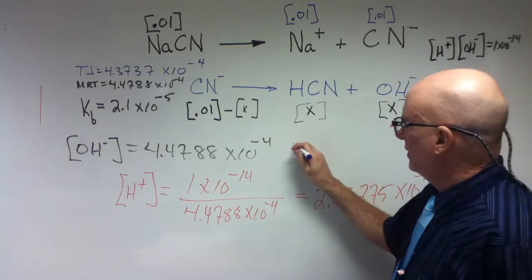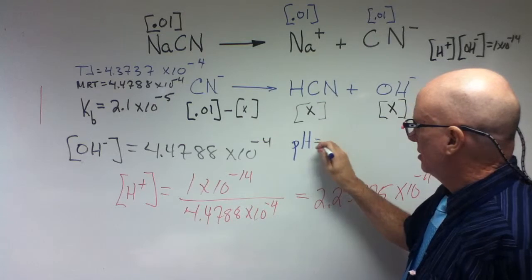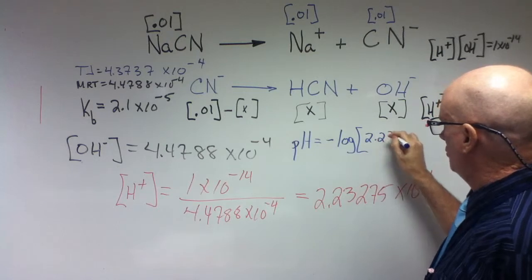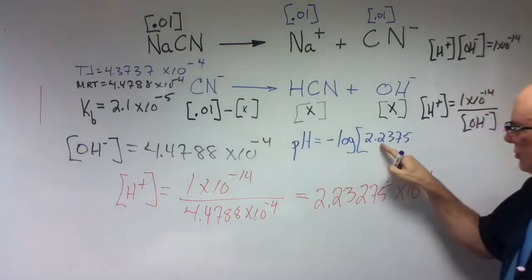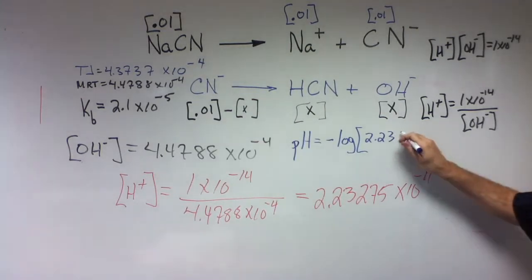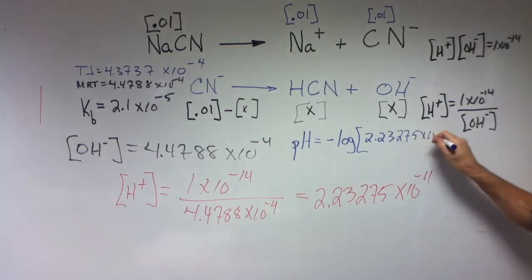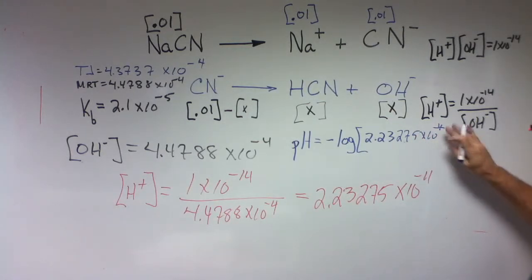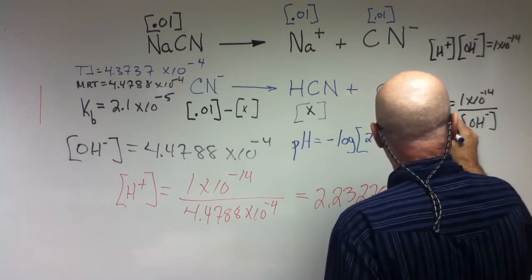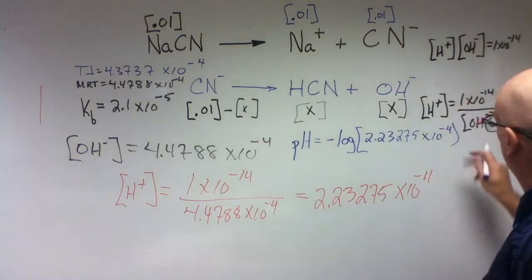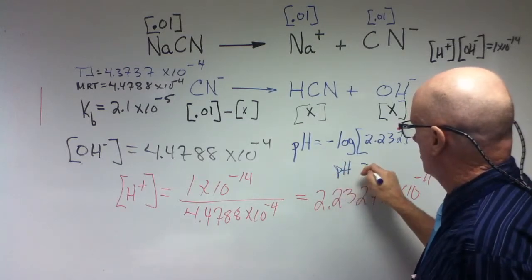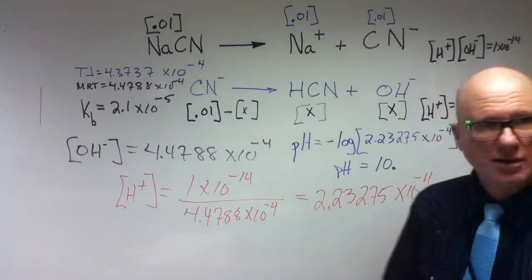So then the pH is going to be the negative log of 2.2375, 23275 times 10 to the negative 4. Right? So what's the pH? 3.654. Okay.